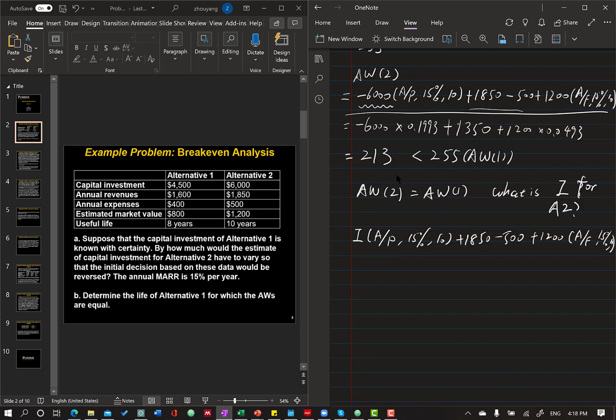Okay, then this will equal the annual worth of alternative 1, which is 255.